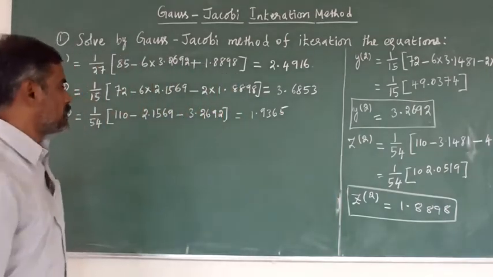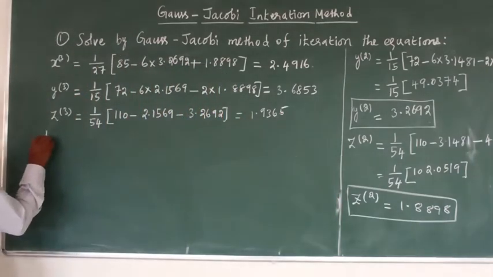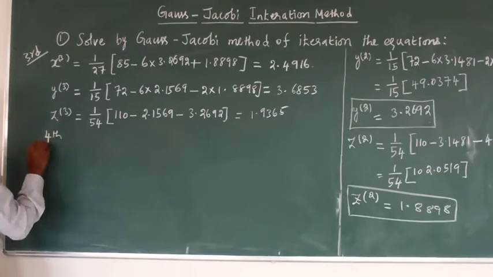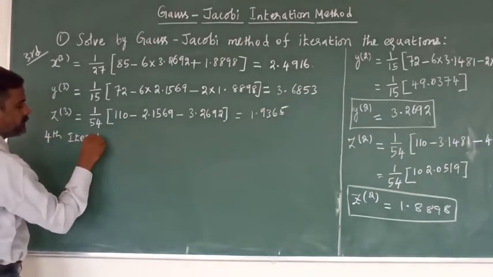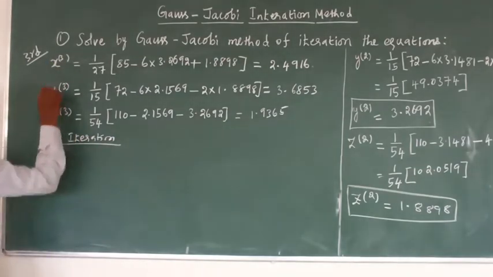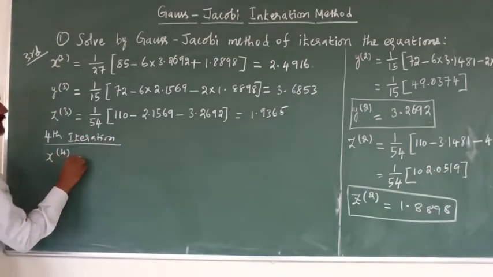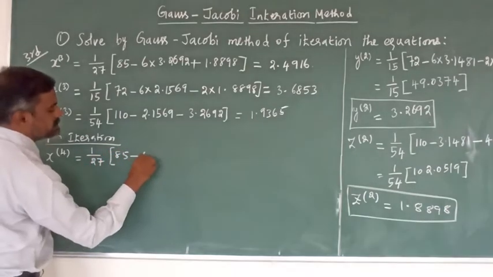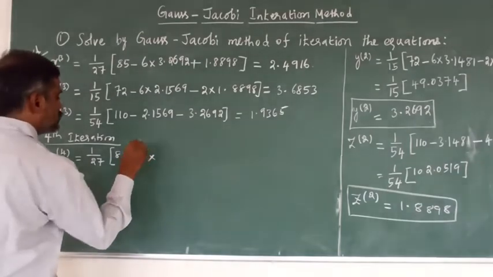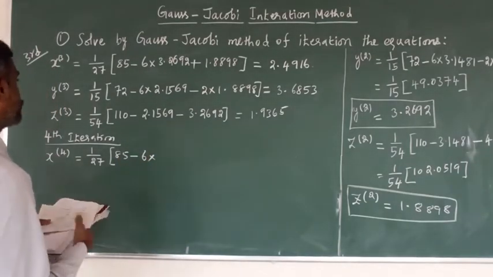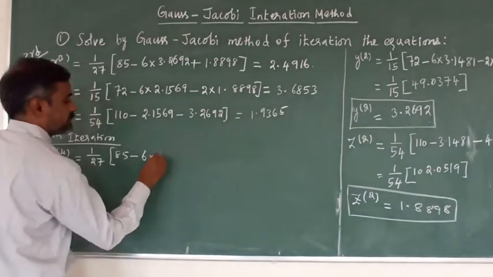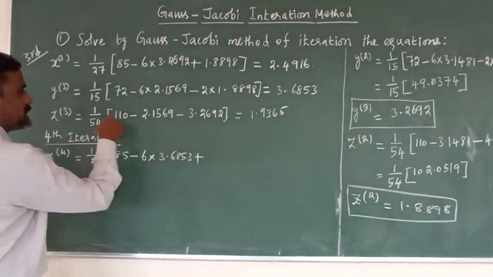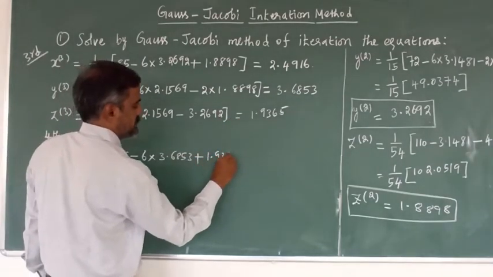So now we start with the fourth iteration. This is for the third and fourth iteration. x4 = 1/27 (85 - 6 into y3 value 3.6853 + z value 1.9365).